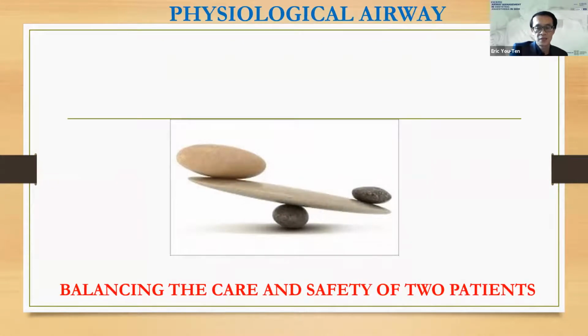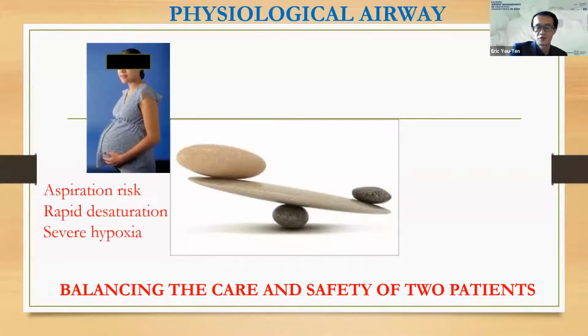So again, it is a balance between the care and safety of two patients. Even though you're faced with a situation of a fetal bradycardia, there are the physiological changes, in addition to the anatomical change of the airway. As Mary explained, the result is the aspiration risk, the rapid desaturation, and the severe hypoxia in very little time.